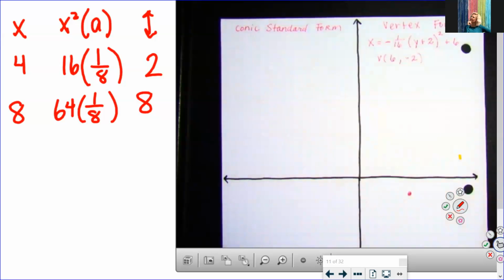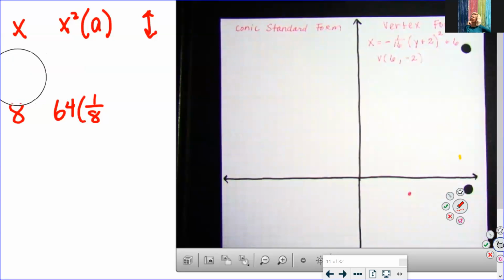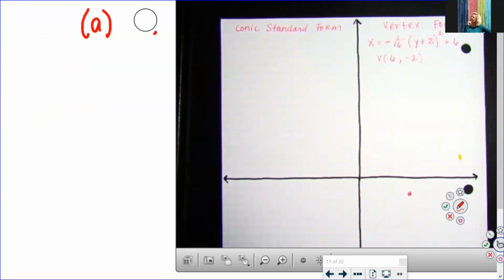And then we're still going to use this pattern right here. But again, everything's flip-flopped. So let me erase this. We're going to take y values this time. So it's going to have a y value, an up and down movement from the vertex.